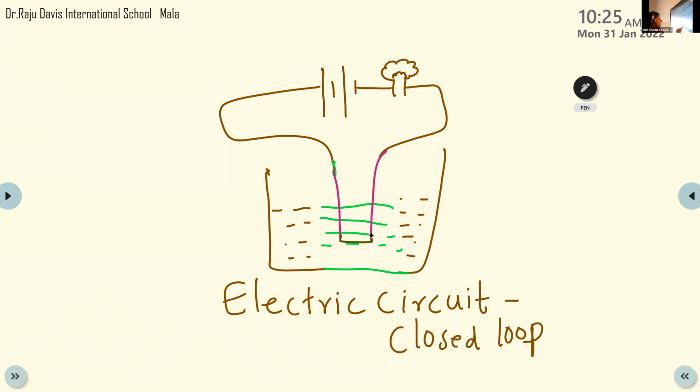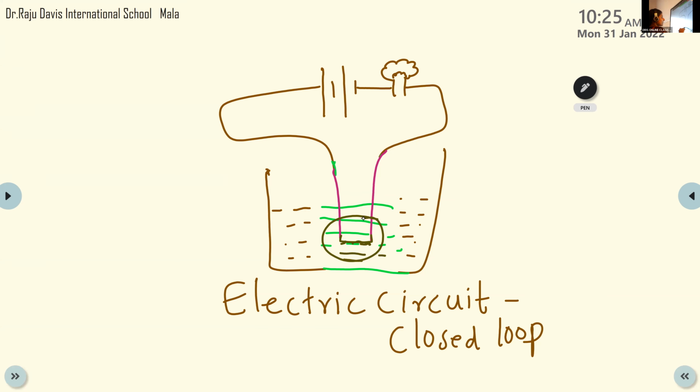So if the liquid is contacting, is there any distance between these two wires? In between these two wires, is there any liquid? Yes, ma'am. If the liquid is contacting, then it is complete. Otherwise, does the circuit become complete? Consider if the liquid is not contacting.